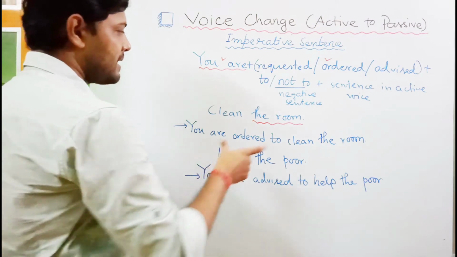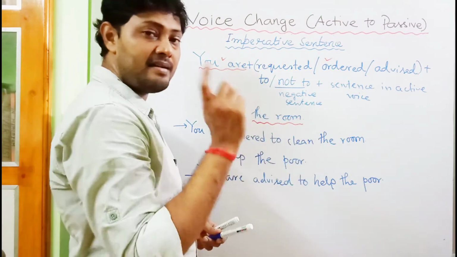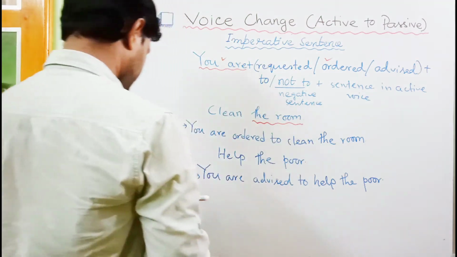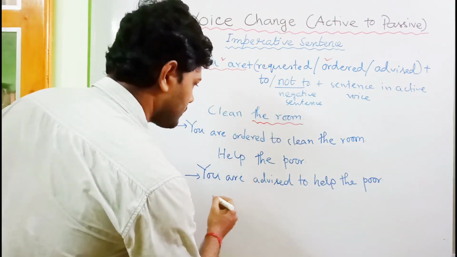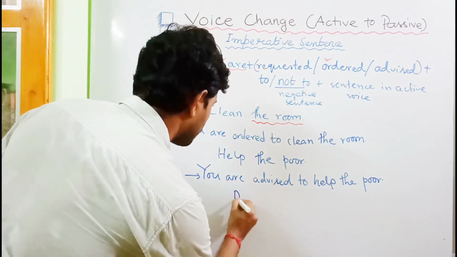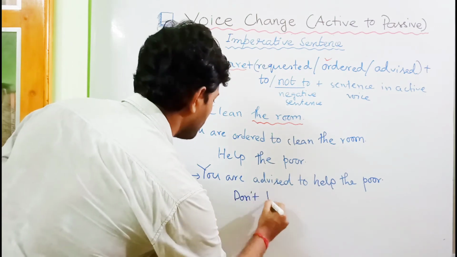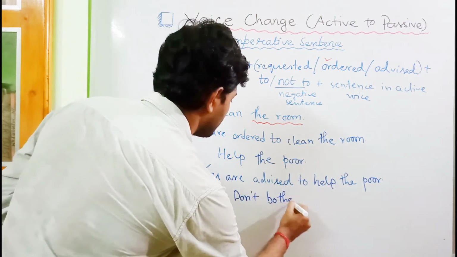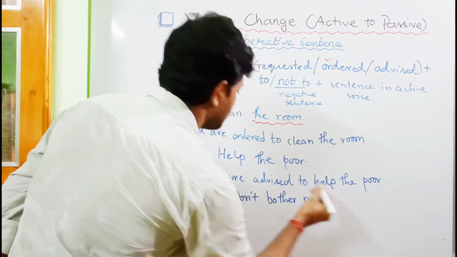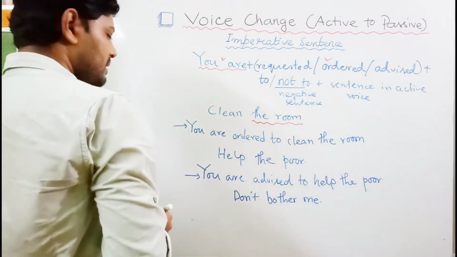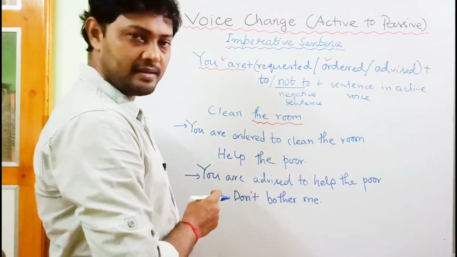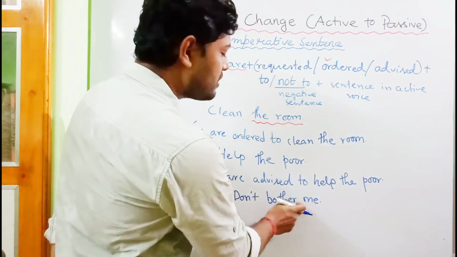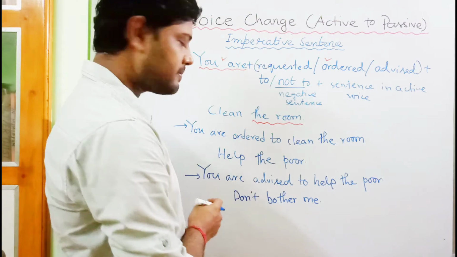Now take another example, which is a negative sentence. Don't bother me. So what is the verb here? Bother. And who is the object? Me.